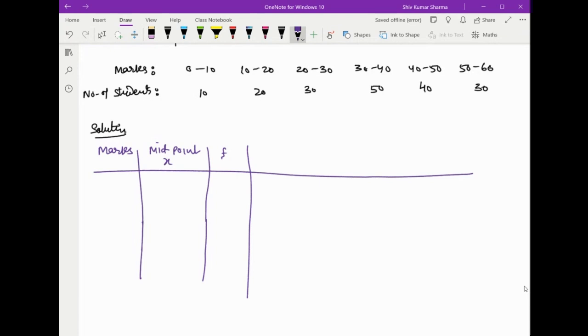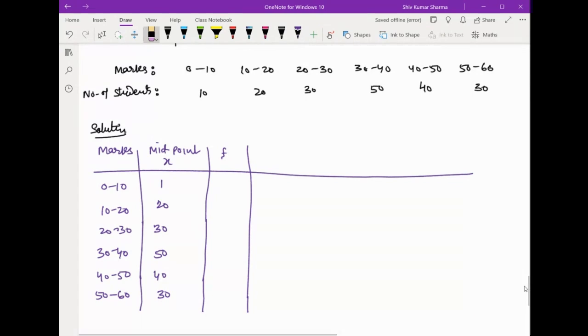And this problem we solve by using the step deviation method. We see the class intervals 0 to 10, 10 to 20, 20 to 30, 30 to 40, 40 to 50, and 50 to 60. The frequencies are 10, 20, 30, 50, 40, and 30.